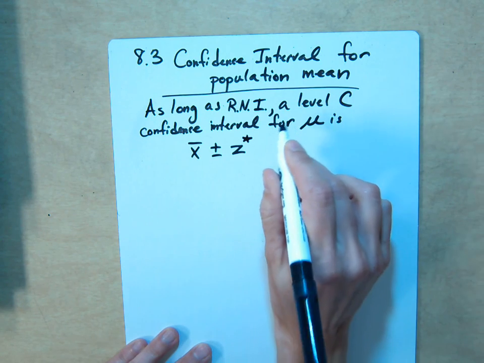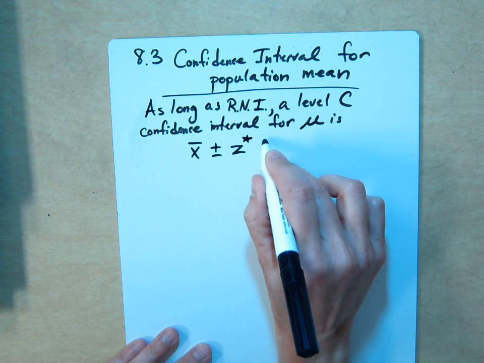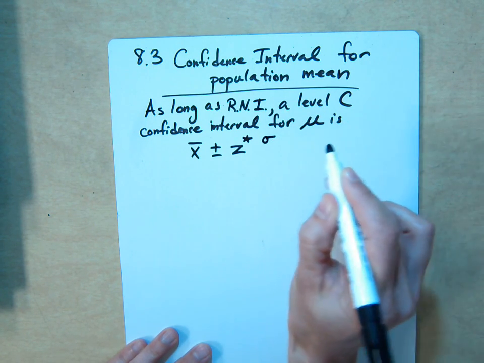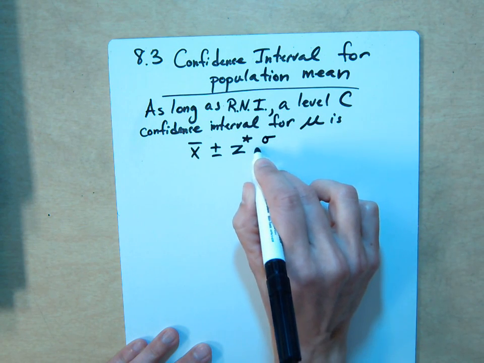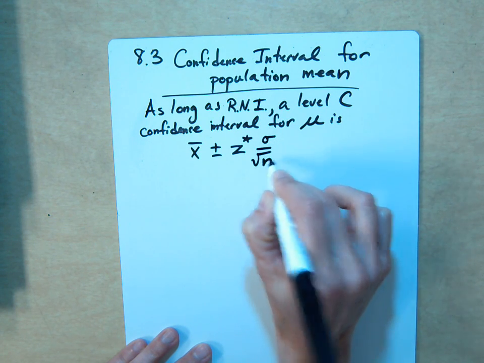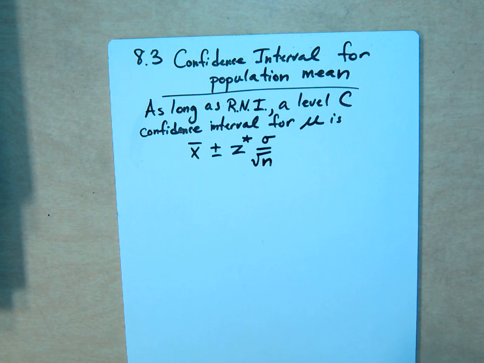So plus or minus z star, and then for a mean you have the population standard deviation over the square root of n, where n is your sample size.